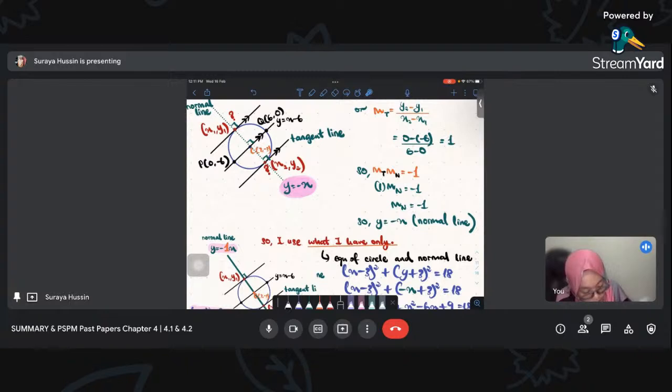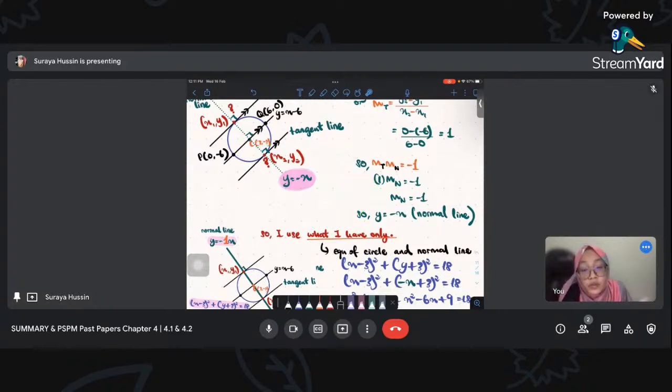Lepas tu, let's say lah saya cuba, miss, what is the value of c then? y equals to mx plus c. So let's say dia kan lalu sini, dia lalu center, 3, -3. I put -3 equals -1 times 3 plus c. So c is actually 0. Betul lah, c is 0.